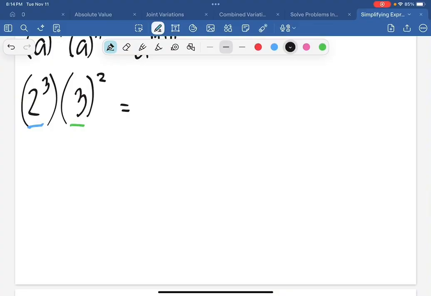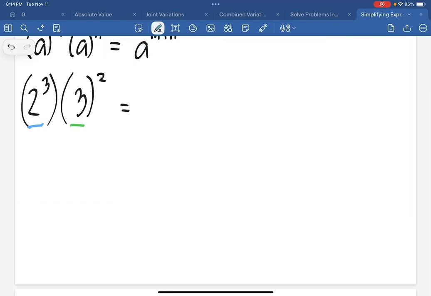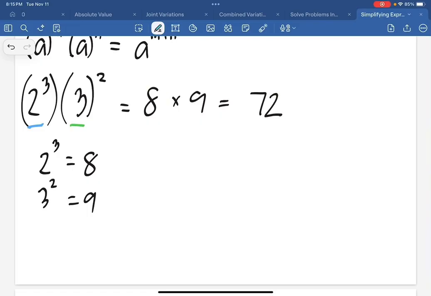So we cannot just combine them. Instead, if you're given this kind of situation, you're going to evaluate each individually. So here we have 2 cubed, which is 8, times 3 squared, which is 9. So you get 72. Again, this is how you solve this if you are given different bases.